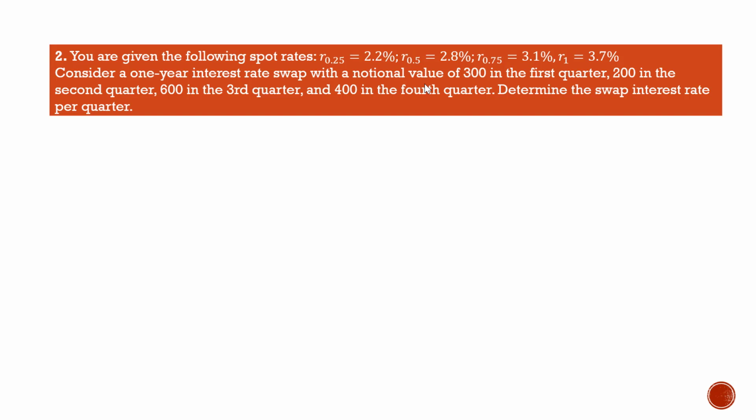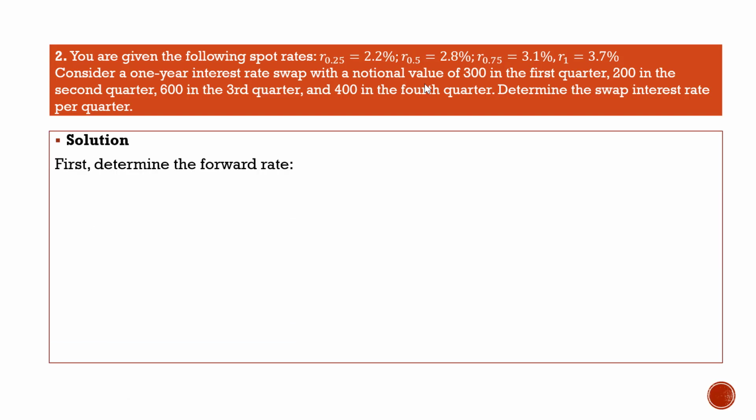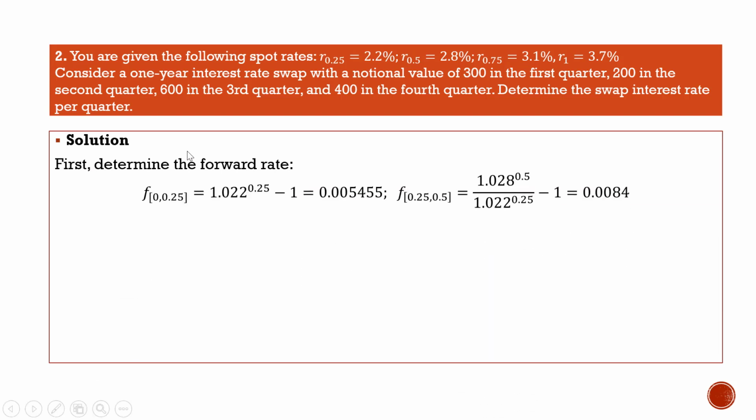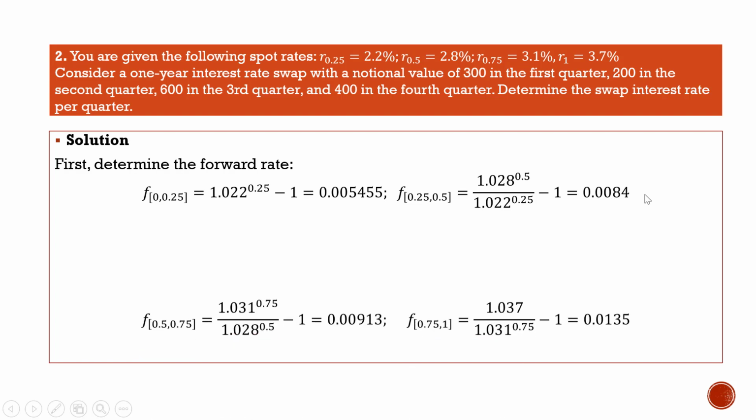and we need to determine the price. To determine the forward rate, F from 0 to 0.25 is 1.022 to the 0.25 minus 1, which is 0.05455. The forward rate during the period from 0.25 to 0.5 is 1.028 to the 0.5 over 1.022 to the 0.25 minus 1, which is 0.0084.